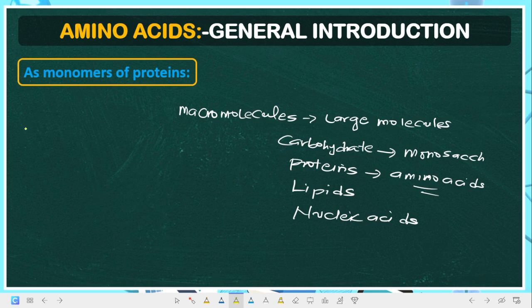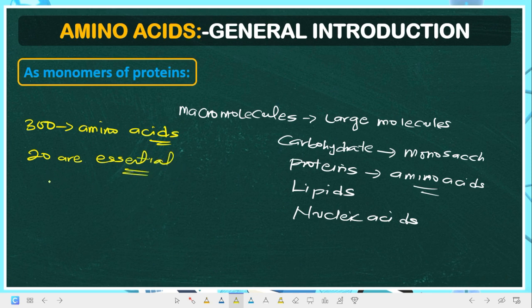Now, the amino acids that are found in humans, that are found in living organisms, are about 300. There are 300 amino acids found in living organisms. But out of these 300, only 20 join together in different proportion to form protein.